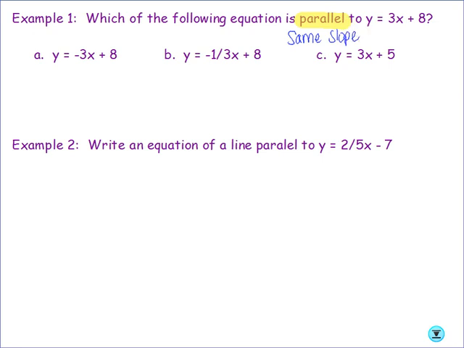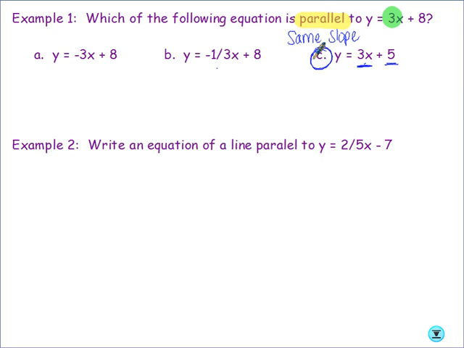Well, the slope of this equation is the m, and the m is right there. The 3 needs to stay the same. So if you look at our 3 multiple choice answers, the only answer that has y equals 3x is this third one right here. That part stayed the same, but that part changed. So C is your right answer.